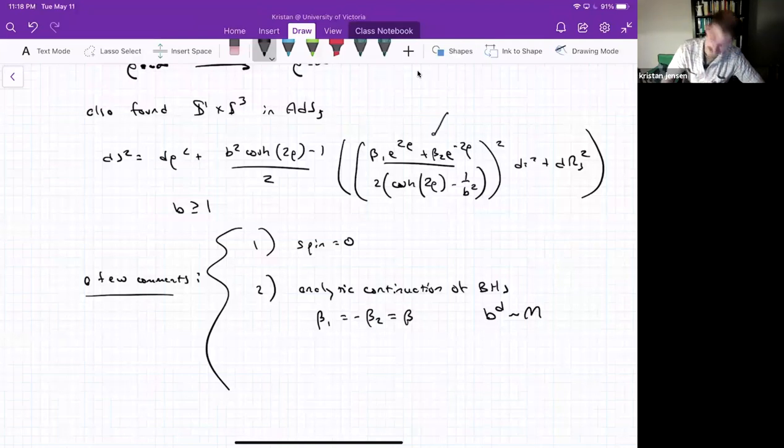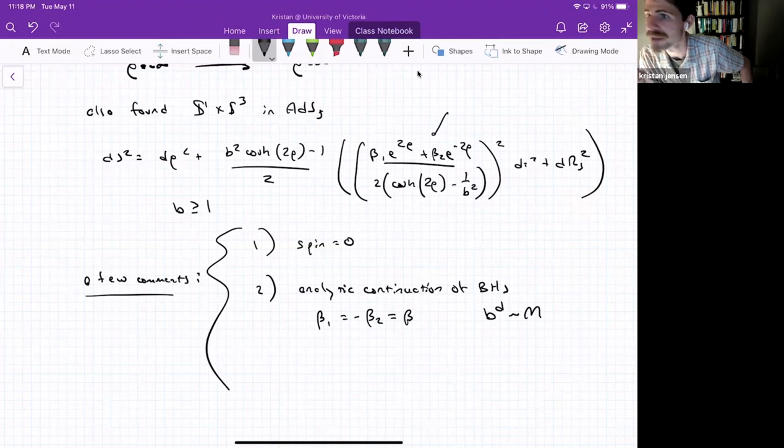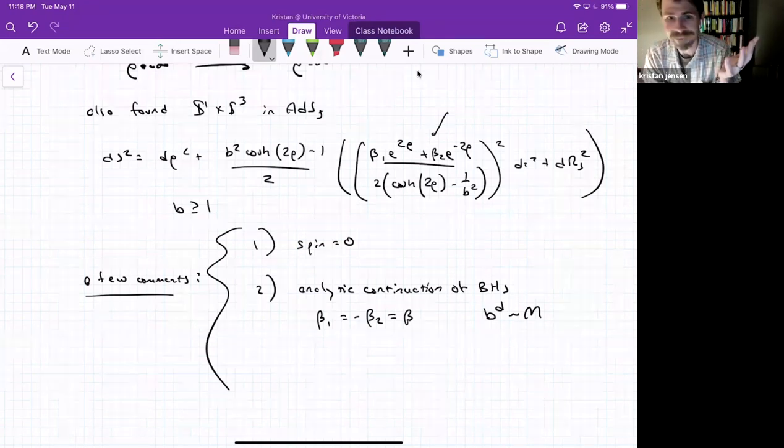That's a black hole background, and it's non-singular if and only if there's a relation between the size of the sphere, the size of this B factor, and beta. That relation is the usual imposition of no conical deficit for a Euclidean black hole. In any case, the wormhole is the analytic continuation of the black hole, or vice versa, which I think is worth noting.